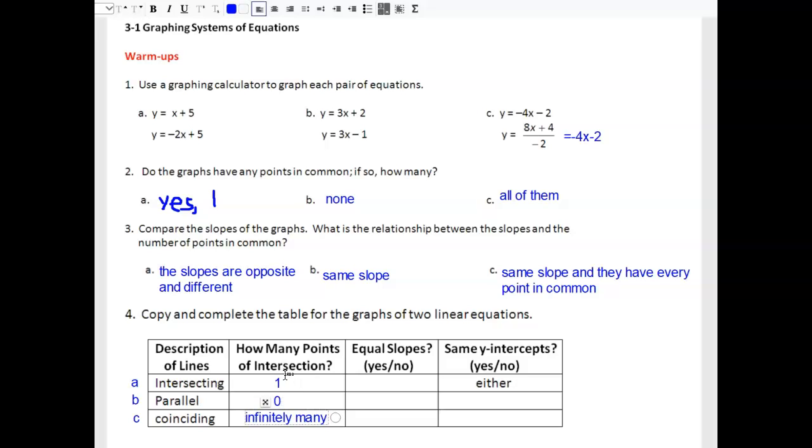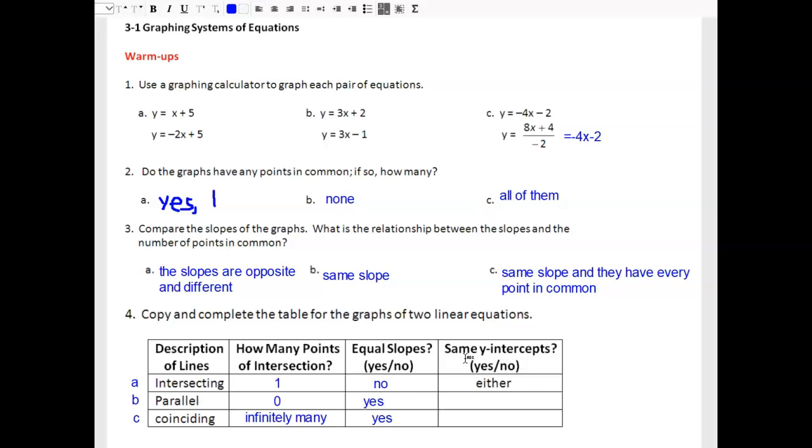So this unit, we're investigating 3 different types of lines: intersecting, parallel, and coinciding. Intersecting lines will never have the same slope. Parallel lines will always have the same slope. Coinciding lines will also always have the same slope.